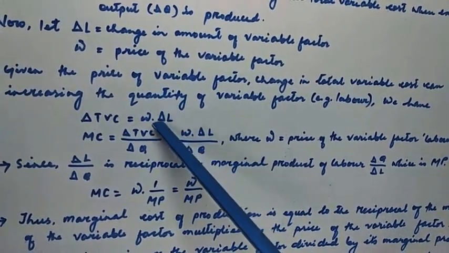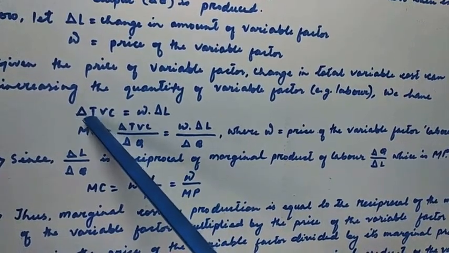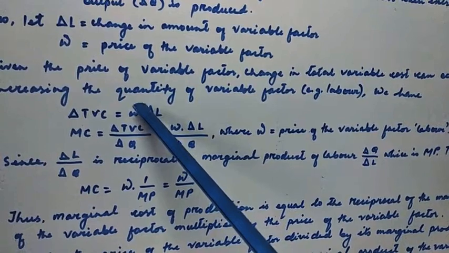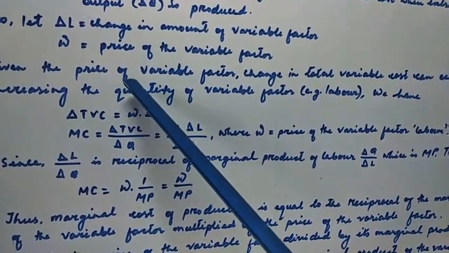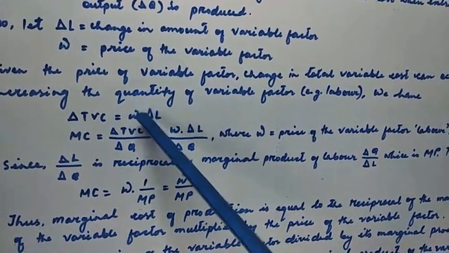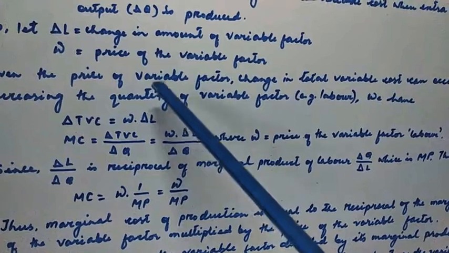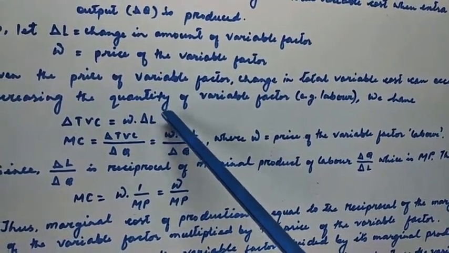We are considering the variable factor as labor. So delta total variable cost will be equal to small w into delta L, which means the price paid for the variable factor times the change in the units of variable factor employed.